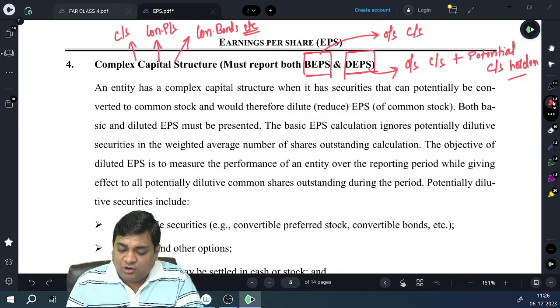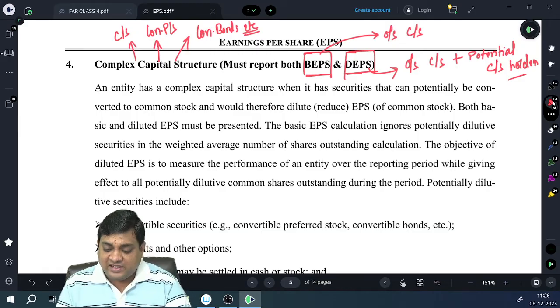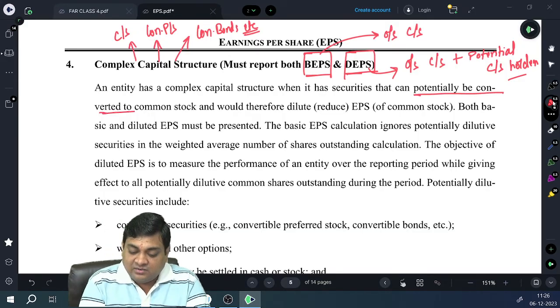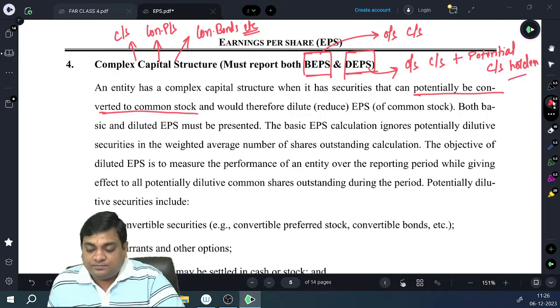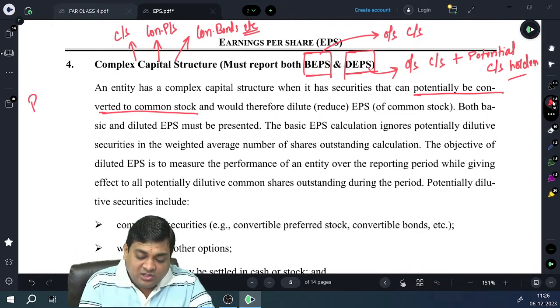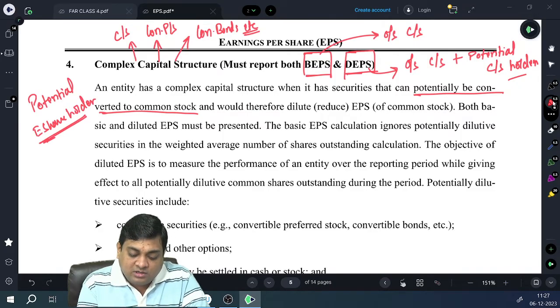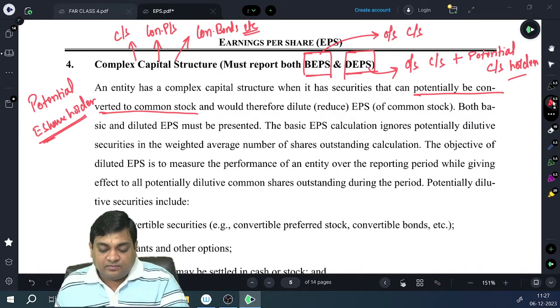An entity has a complex capital structure when it has securities that can potentially be converted to common stock. So we call it potential equity shareholders, or potential common stockholders, right?